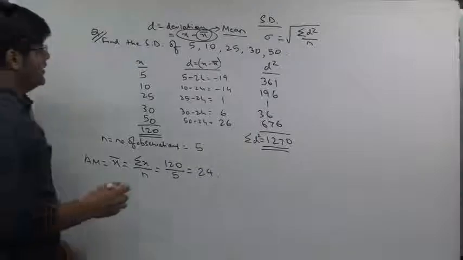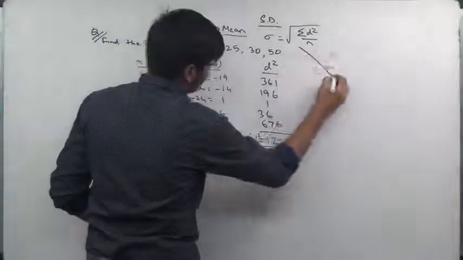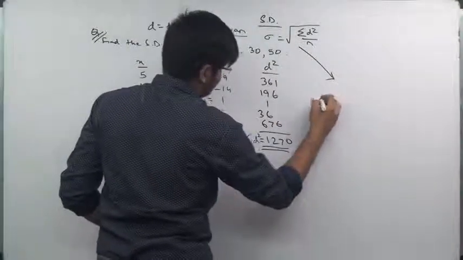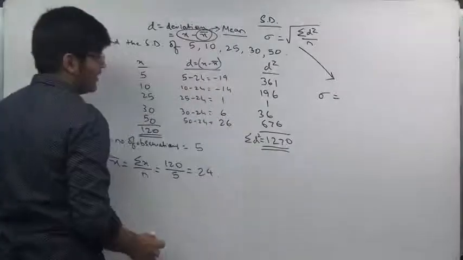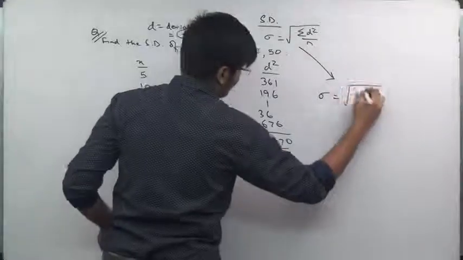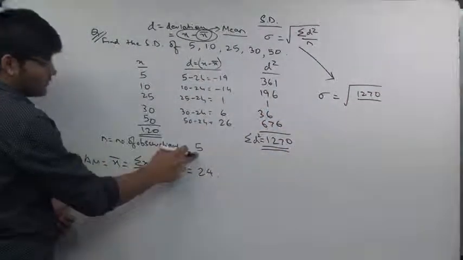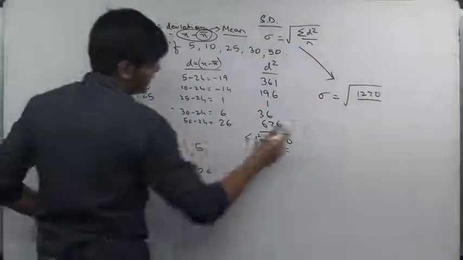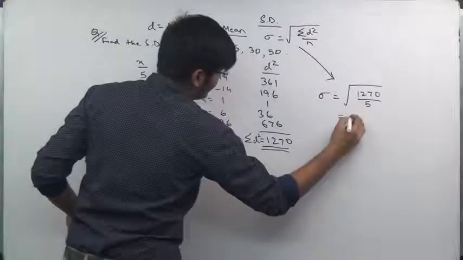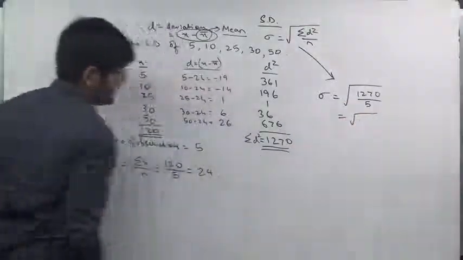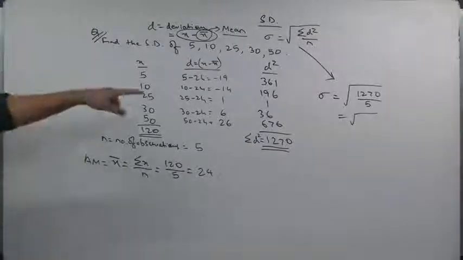Done. Now we will use this formula. So SD is equal to root over 1270 by small n. What is small n here? 5, the total number of observations. Start dividing. First divide, then take the square root.